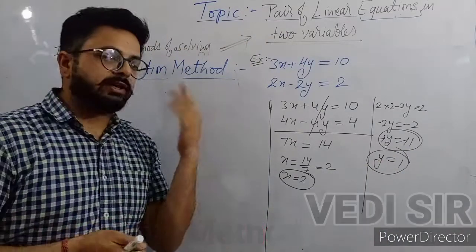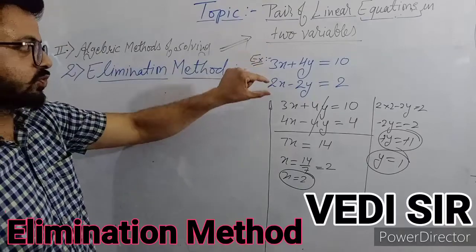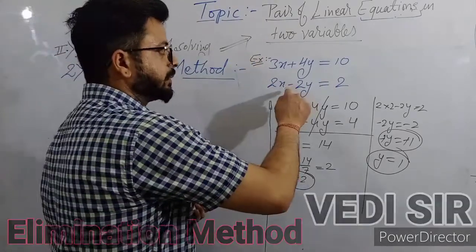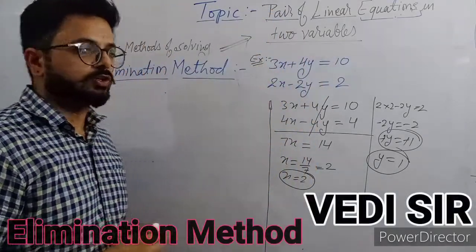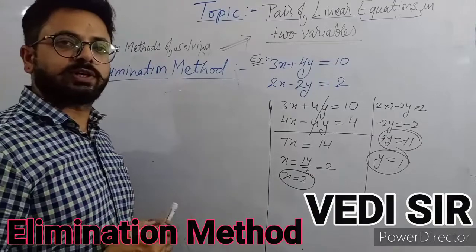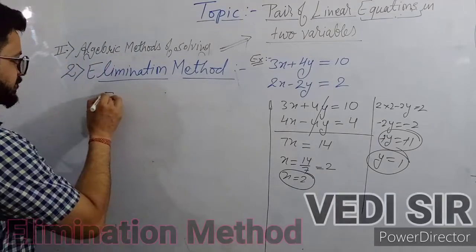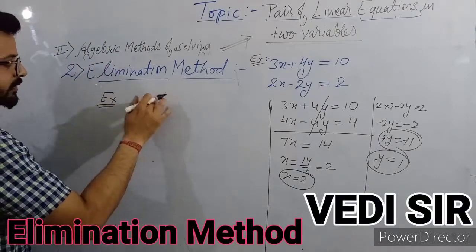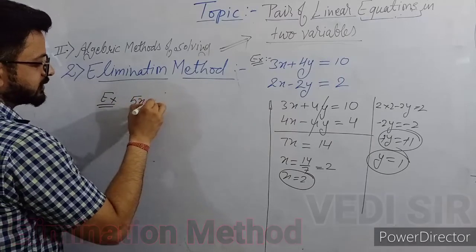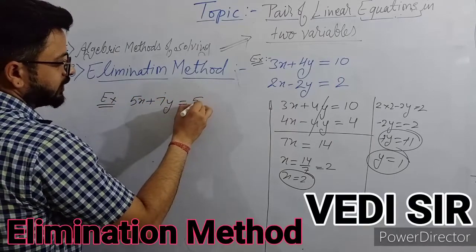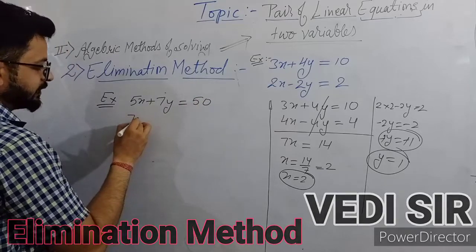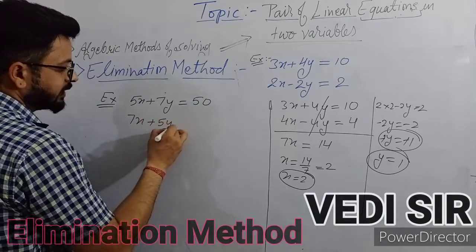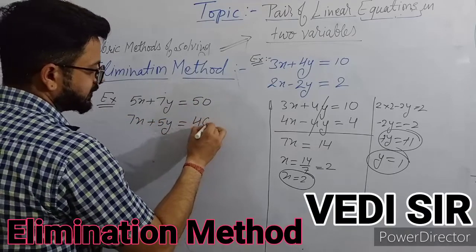And suppose in any of the equations this situation is not coming, meaning it will multiply by 4 and negative will come. That situation we can also solve, as we discussed one common example, 5x plus 7y is equal to 50 and 7x plus 5y is equal to 46.